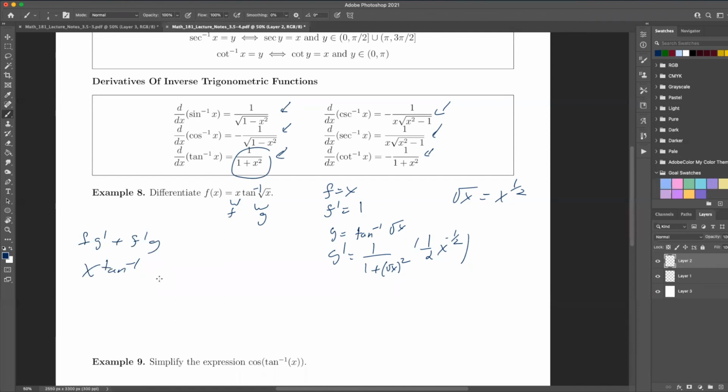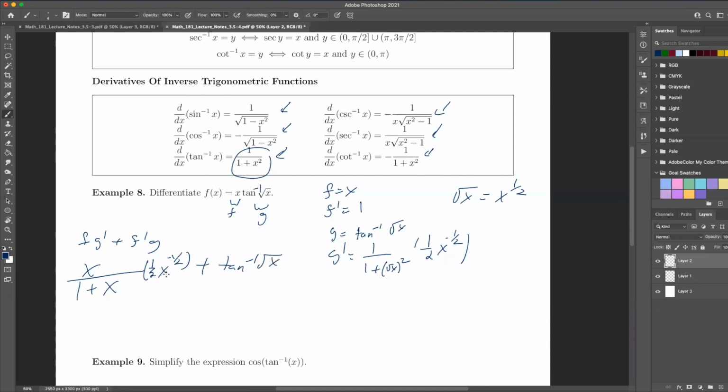Oh, no, hold on. g prime here, so it'd be 1 over 1 plus square root of x squared, which is just x, and we're going to multiply that by 1/2 x to the minus 1/2 power, plus f prime times this will be just inverse tangent x.